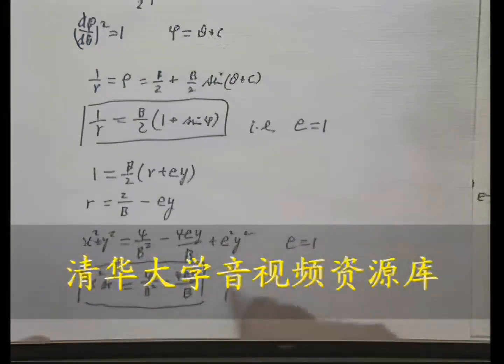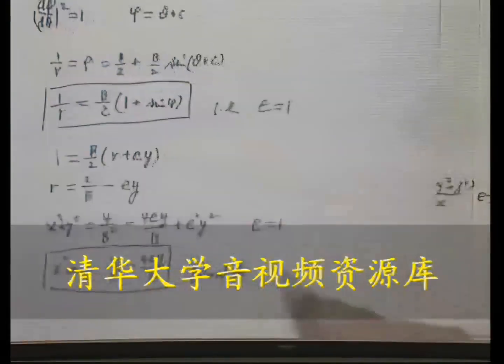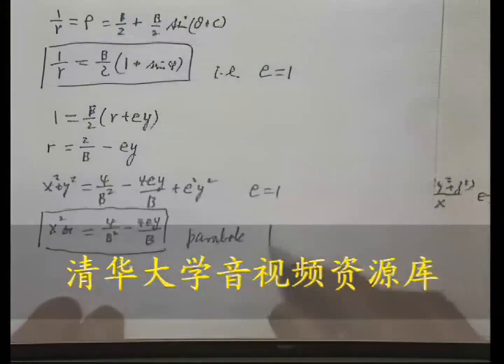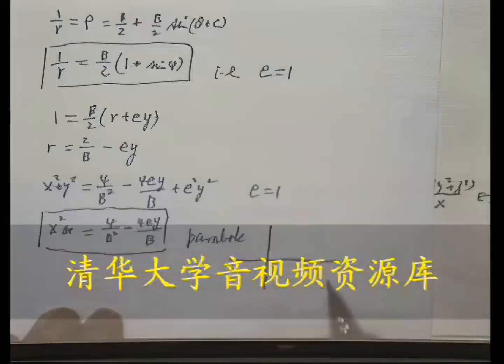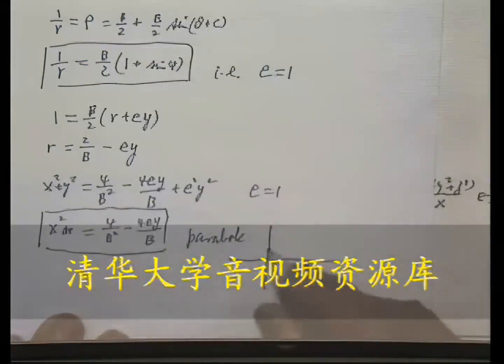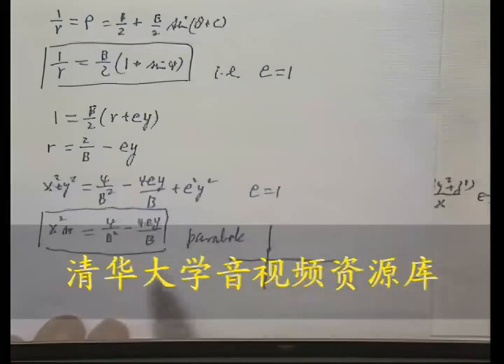That's a parabola. When x is equal to 0, y is equal to the ratio of 2, so it's here. When y is equal to 0, x is... so you get a curve like this.